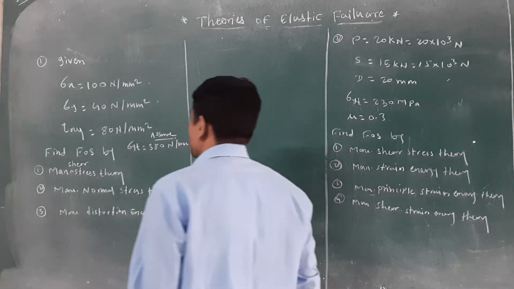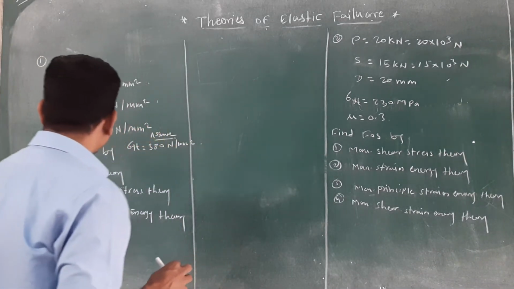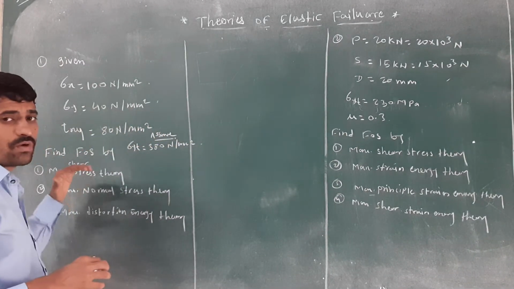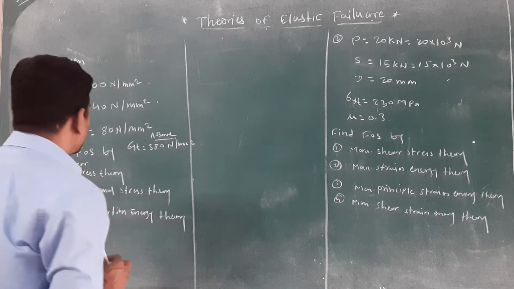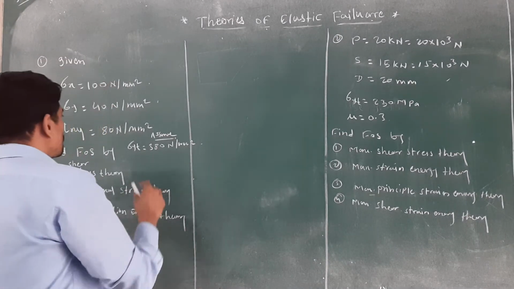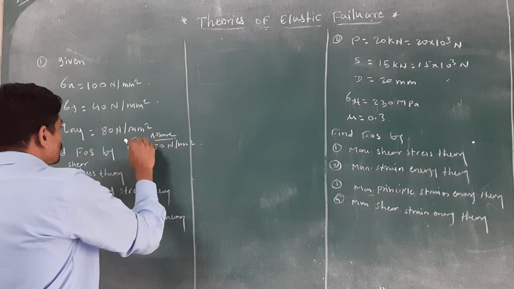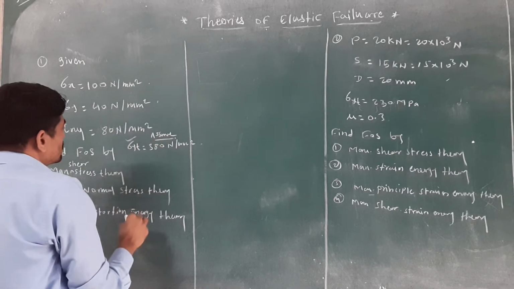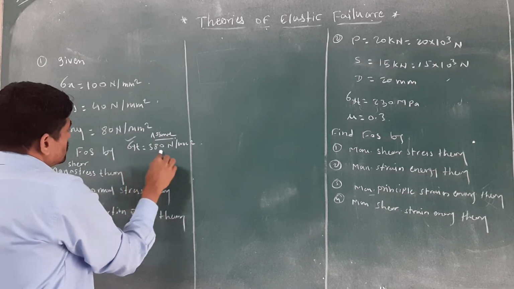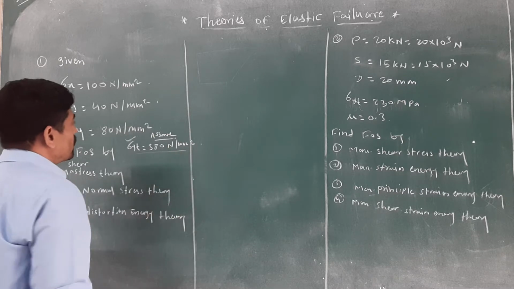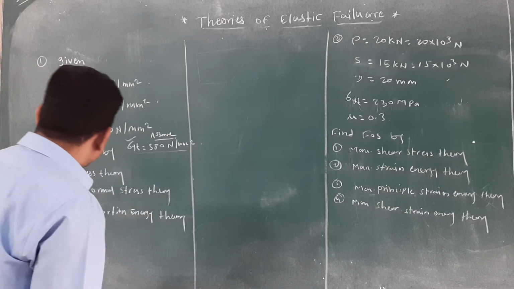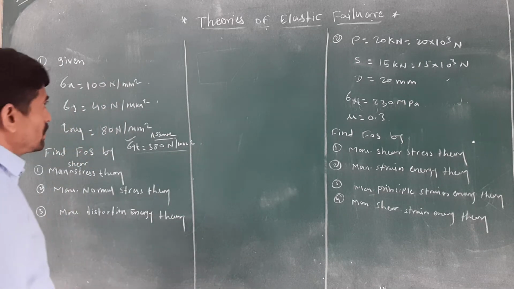These are the theories of elastic failure given. We want to calculate the safe value of the factor of safety. Here we assume the yield stress is given, sigma yt is equal to 380 Newton per mm square. Then how to calculate this?